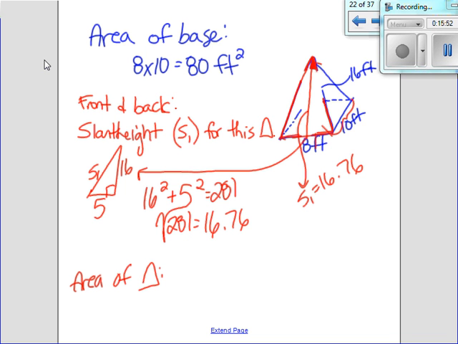There we go. Okay, so your area of this triangle is going to be the base, which is 8 feet, times the slant height of this one, which is 16.76. I'm going to divide by 2 because that's part of the formula, but then I'm going to multiply by 2.